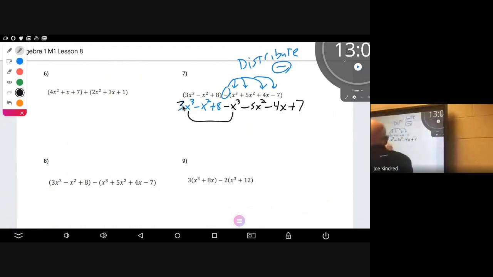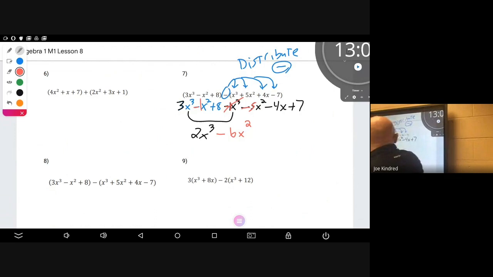Because now, what's 3 minus 1? Well, 2x cubed. What is -1 plus a -5? -6x squared. -1x cubed has already been taken care of, so that's done.